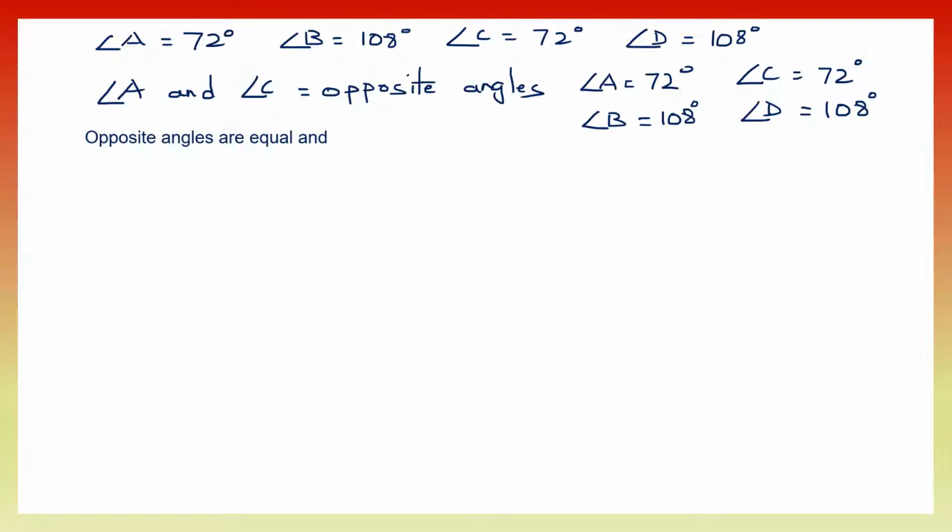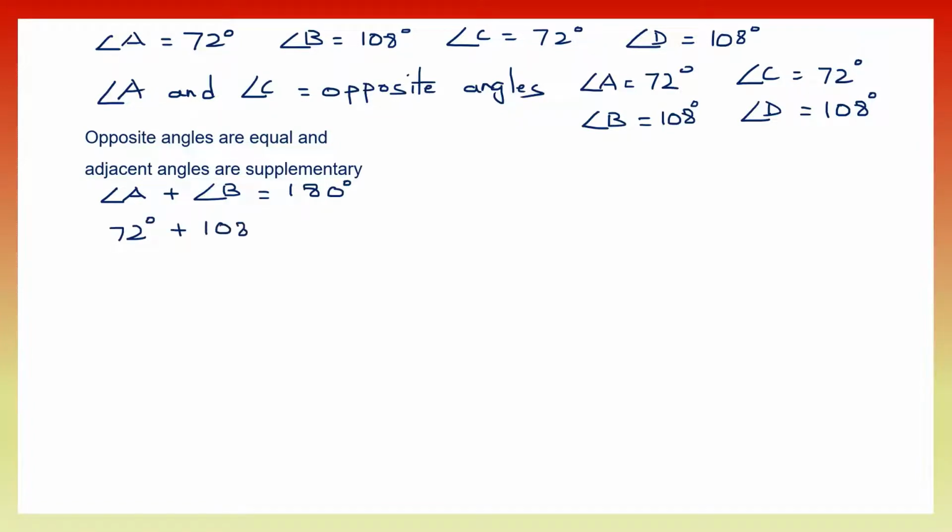And there's one more part to it. The adjacent angles should be supplementary. That means angle A plus the angle right next to it, which is angle B, are supplementary, means they should be equal to 180 degrees. Now let's check that and see. How much is angle A? 72 degrees and angle B is 108 degrees.